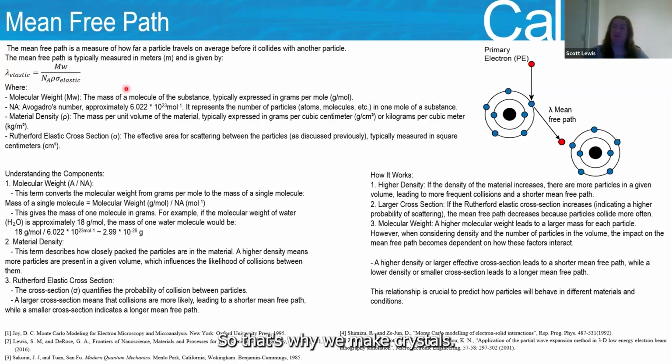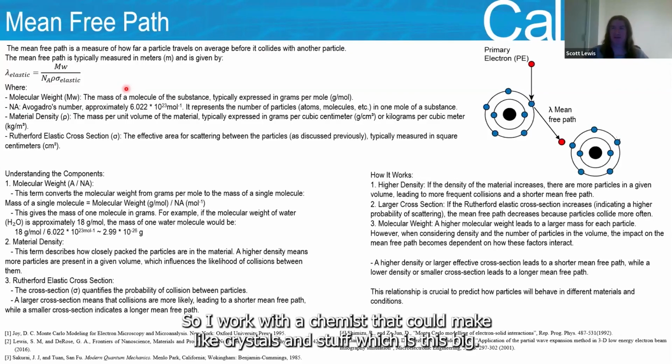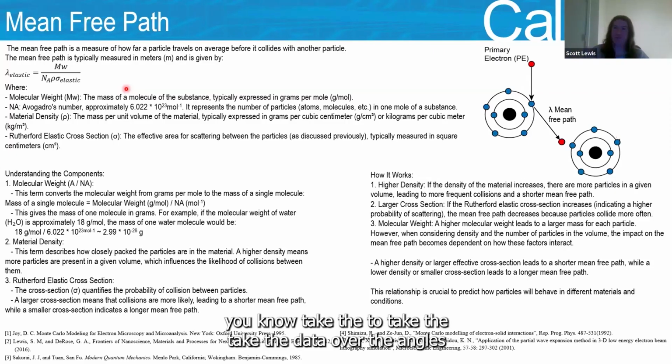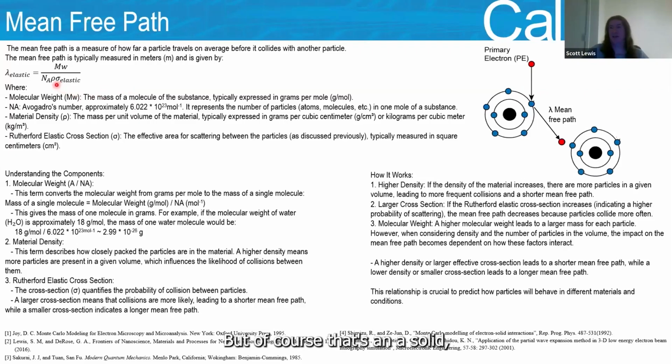So that's why we make crystals. I work with a chemist who could make crystals of the stuff which is this big, put it in an X-ray diffractometer, take the data over the angles, and then we can work out what the density is. But of course, that's in a solid, which is kind of what we want.